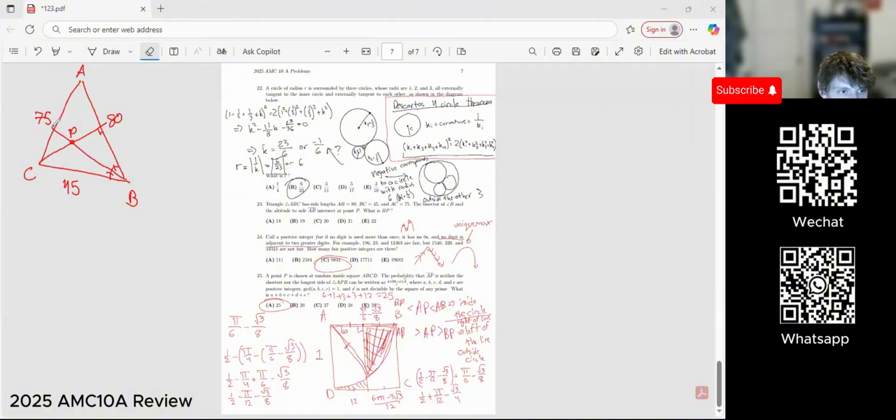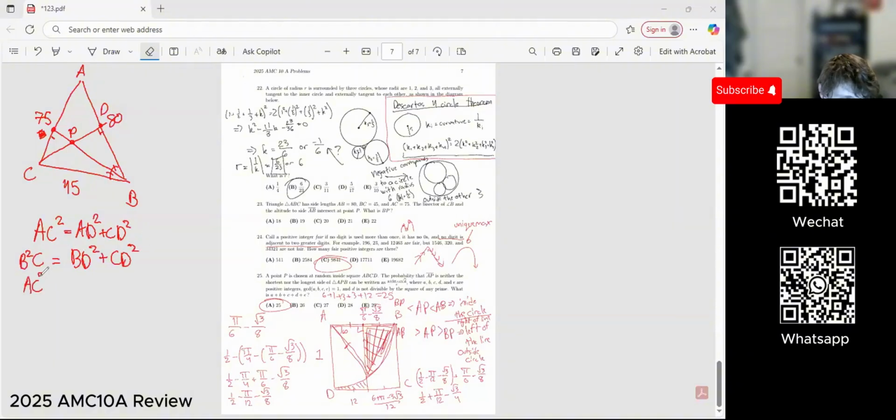So we know, let's call this point D. It's perpendicular. Oh, sorry. This point is D right here. So we know that AC squared is going to be equal to AD squared plus CD squared, and BC squared is going to be equal to BD squared plus CD squared.